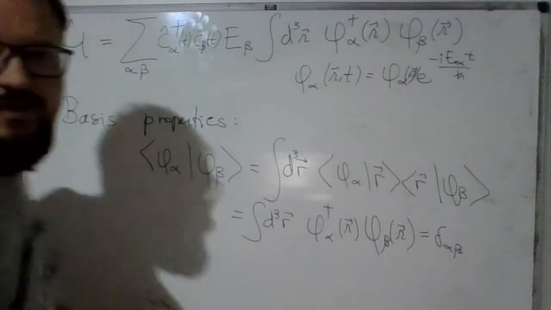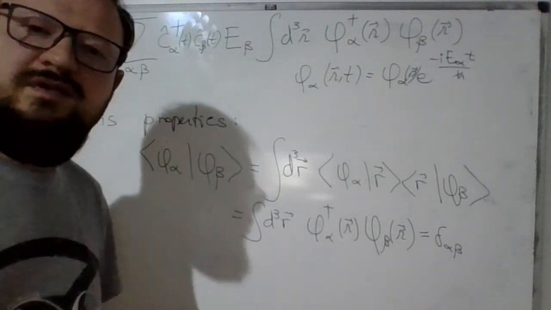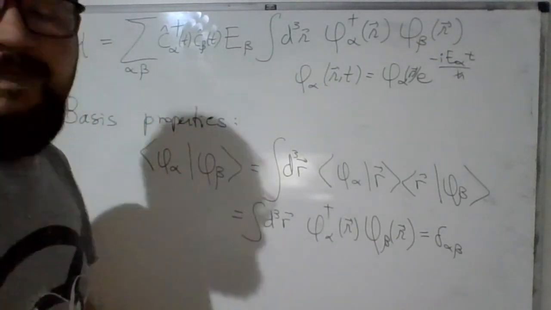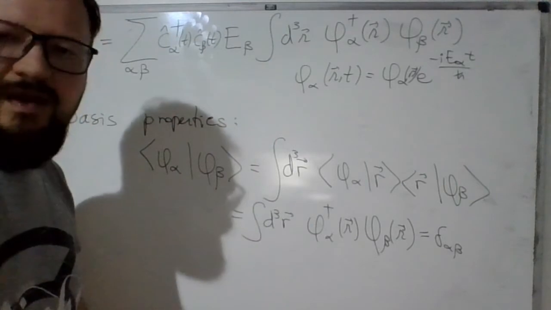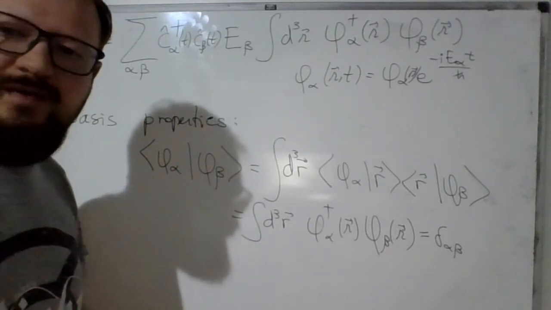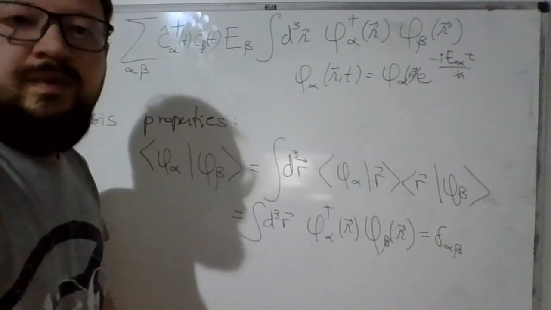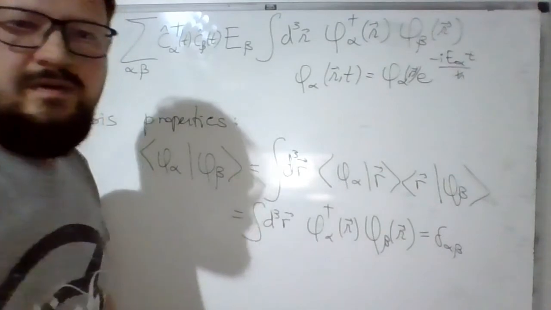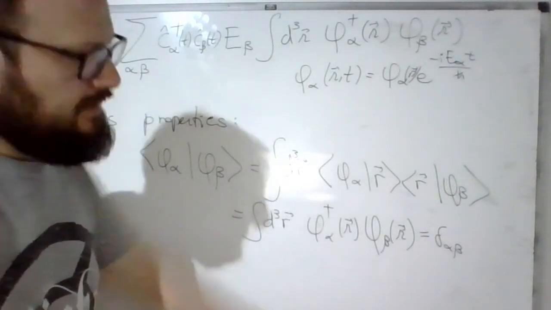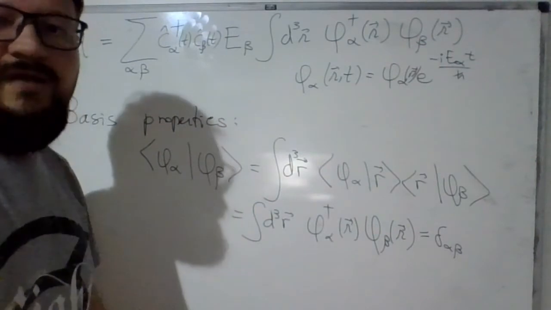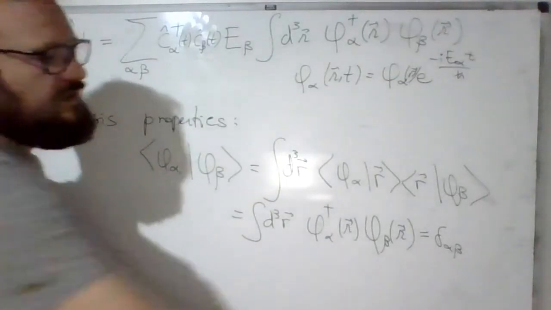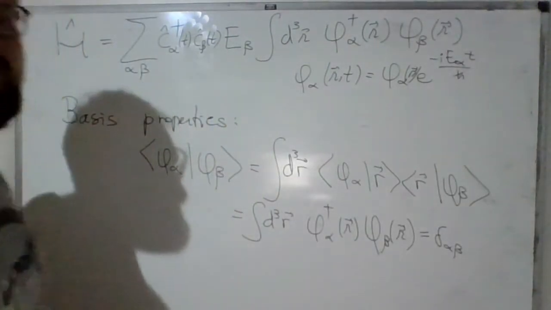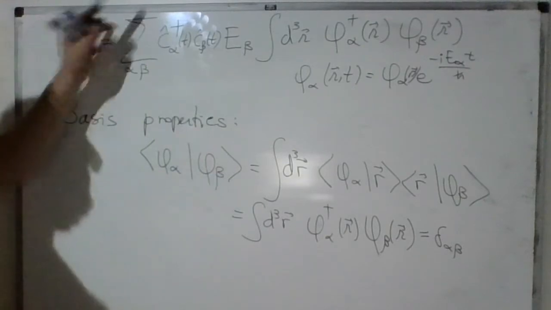Okay, but if you're considering atomic orbitals, which are bound states, the labels for the atomic orbitals take values on a discrete set, okay? So it's countable, it is numerable, and therefore you have a Kronecker delta here. If you are considering plane waves, of course, this is a continuous set, and this will be a Dirac delta, and the summation will be converted into an integral.